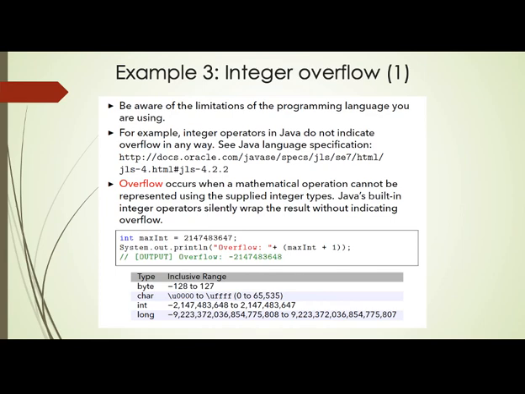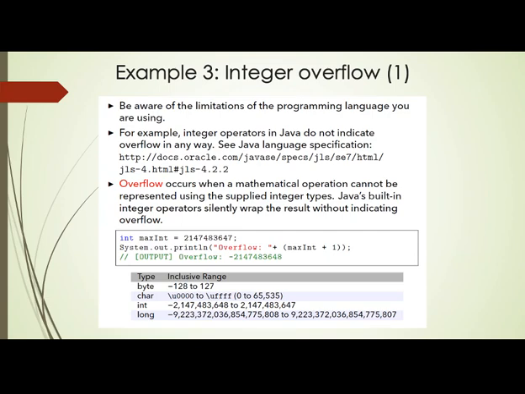If your programming language or operating system doesn't allow integer overflow and just throws those errors back at you, that's fine, and it's handled by the operating system. However, in Java, by default, if an integer overflows, it just wraps around and starts over again.